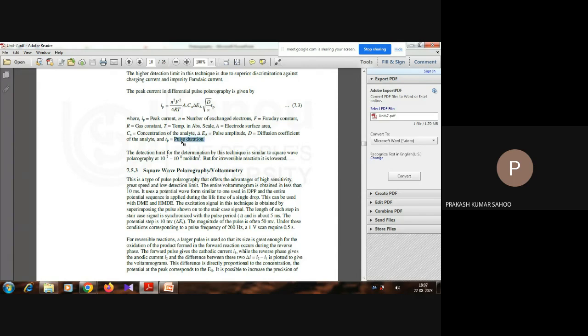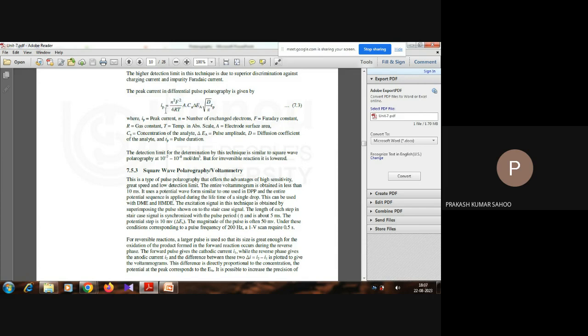That is, in differential pulse, it is 50 milliseconds. This is dp. And what is Ea? Ea will be your 50 millivolt. This is 50 millivolt, this is 50 millisecond, and you have to put the value according to the number of electrons exchanged.